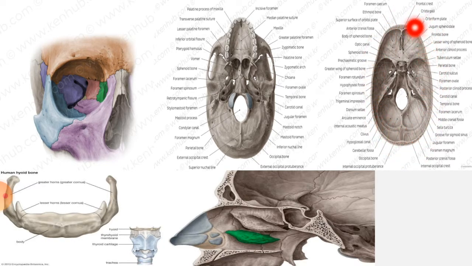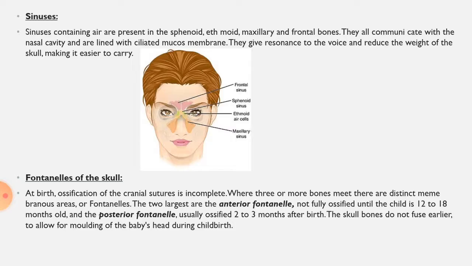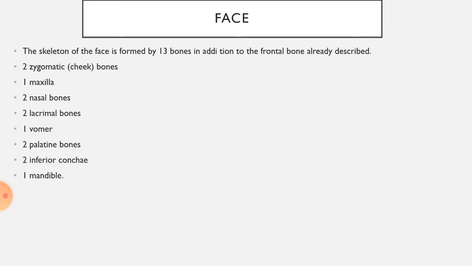The base of the skull accommodates the brain and the various nerves, vessels and other very important structures. Here is the base of the skull from the inferior aspect, and the base of the skull from the superior aspect. So now we will discuss them in detail.